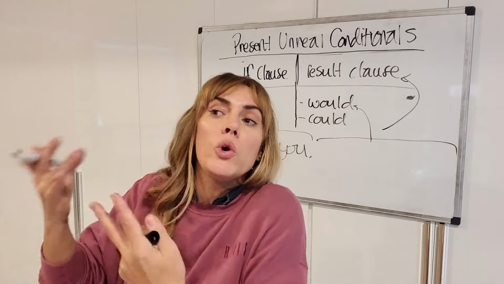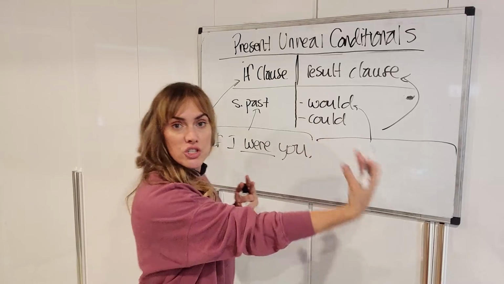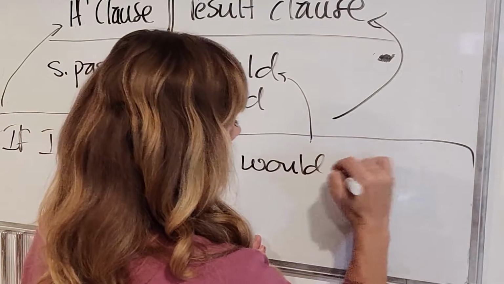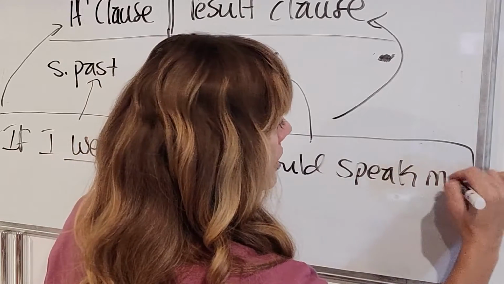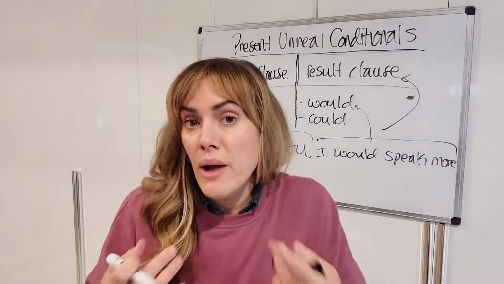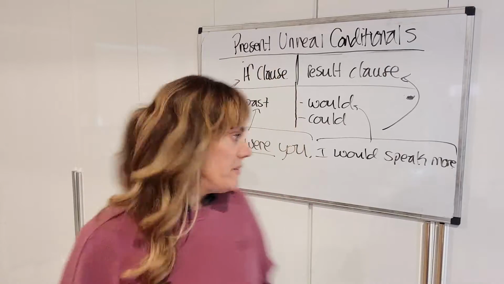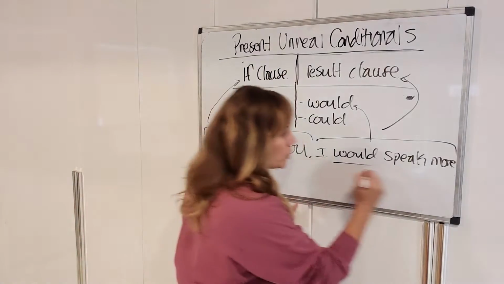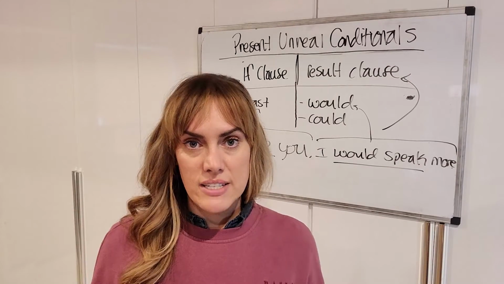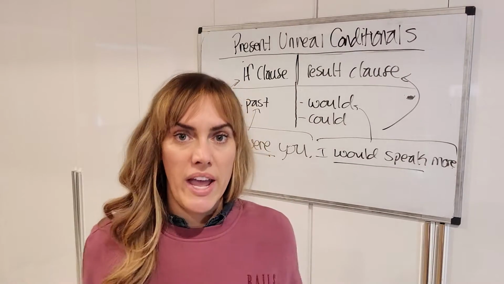And if I were you, the result is that I would speak more, right? You want to learn English, you want to improve your English. If I were you, I would speak more. This is how we can give advice to people in an indirect way.